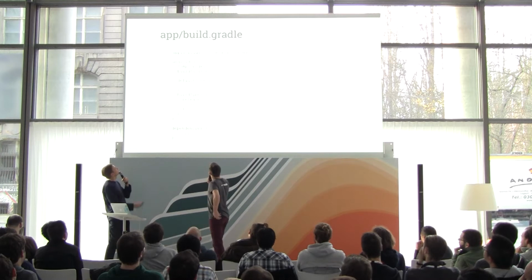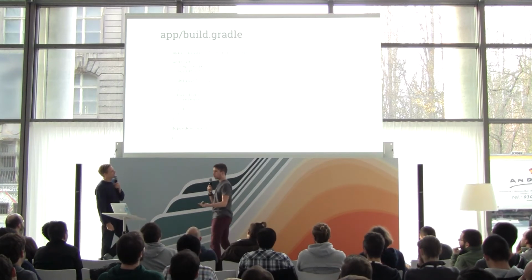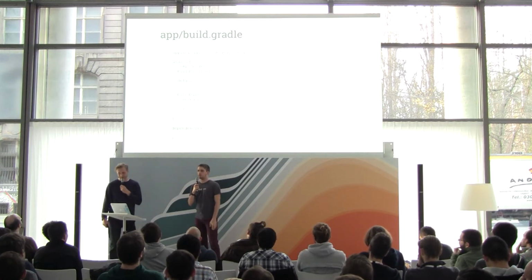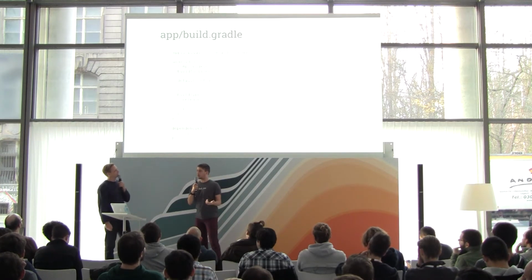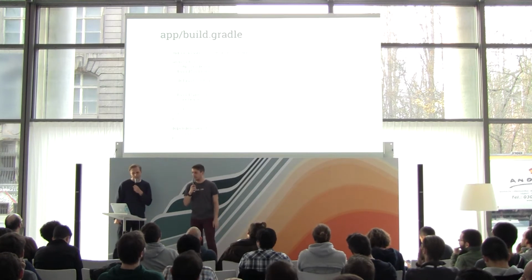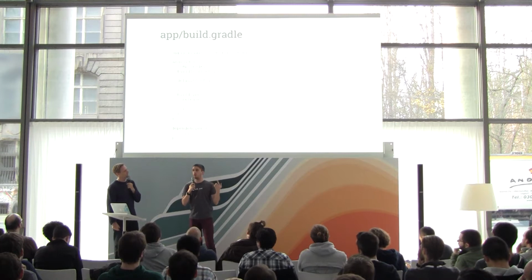So you just start Android Studio, create a new project with the wizard, and you end up with an empty project. The first file you can open is the build.gradle inside the app folder, and I guess most of you have already opened this file.